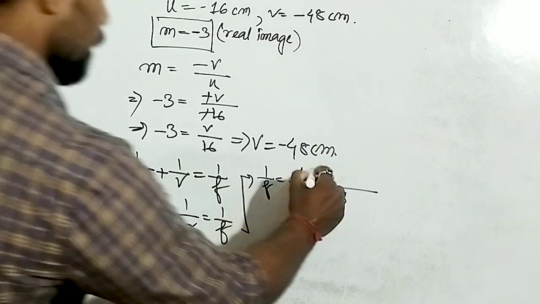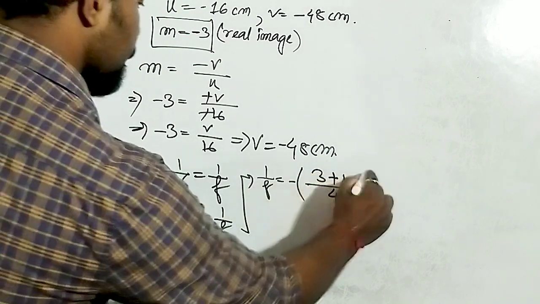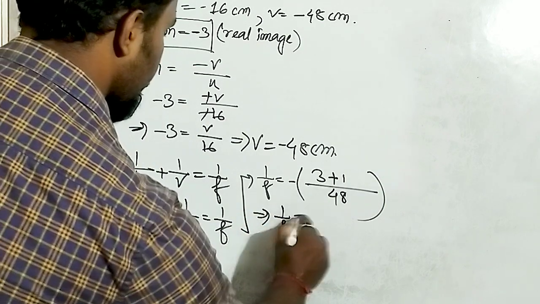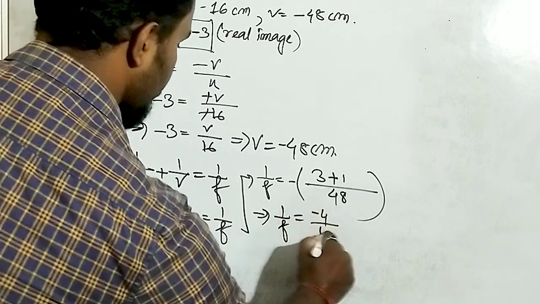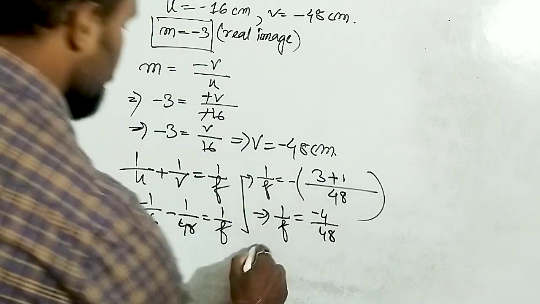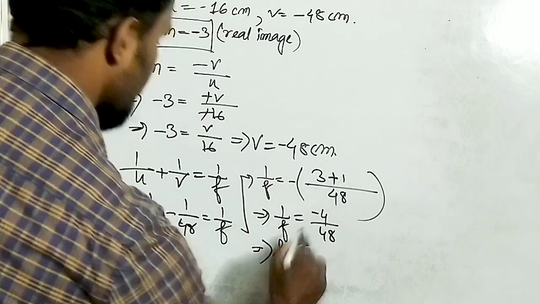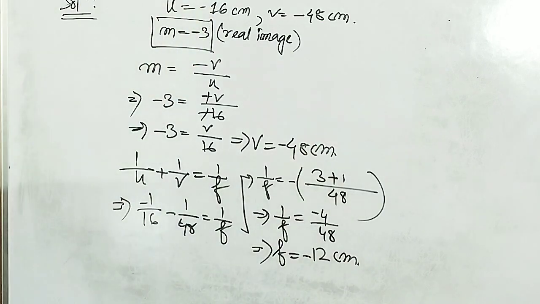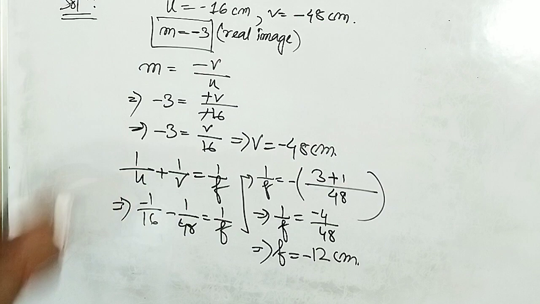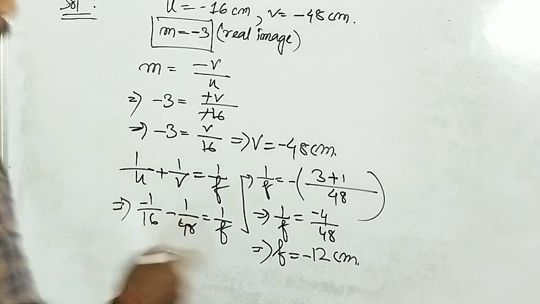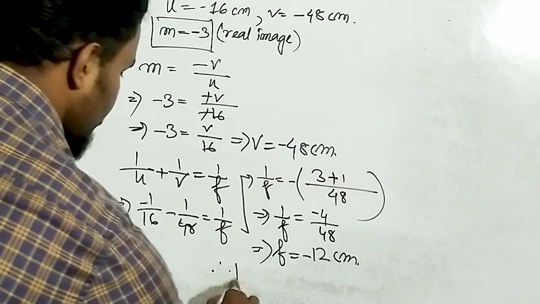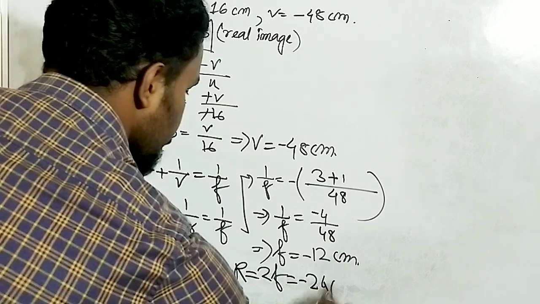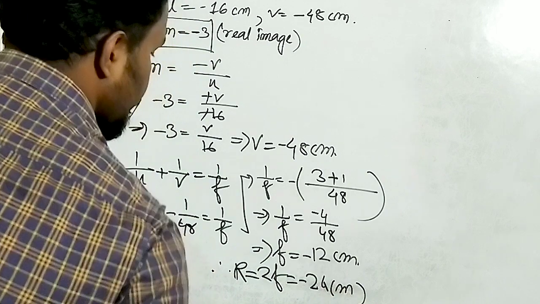So 16 into 3 equals 48, and 1 by f will be minus 4 by 48. So f will be minus 12 centimeter. We got every data to draw the figure. The radius of curvature r equals twice f, which is minus 24 centimeter.